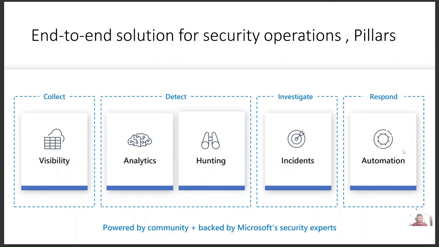Then, if you found something, you go to investigate and you go to incident, and then you apply your automation, defining how you want to respond automatically whenever this happens. So basically, these are the four pillars of Microsoft Sentinel, which you can get a good understanding of before deploying the actual SIEM solution. That would be helpful for you.